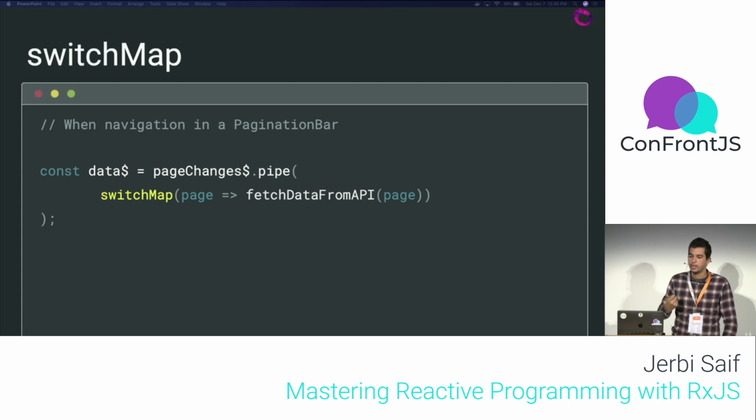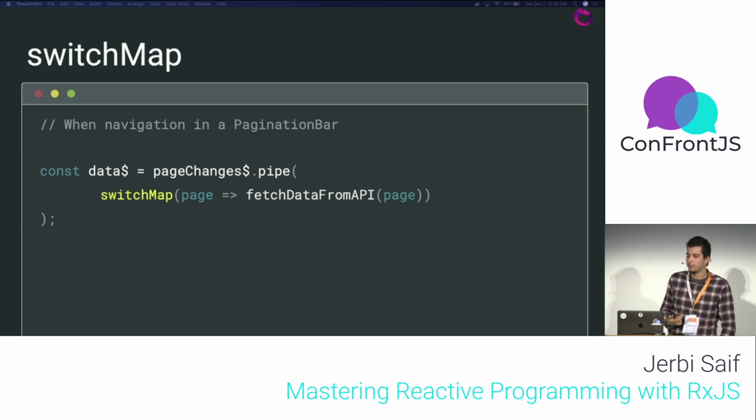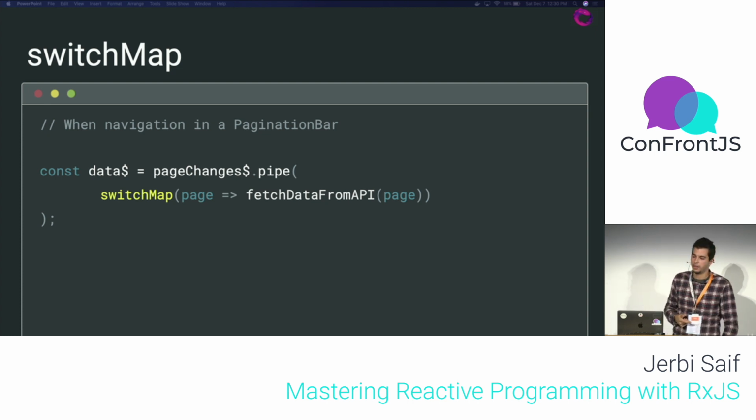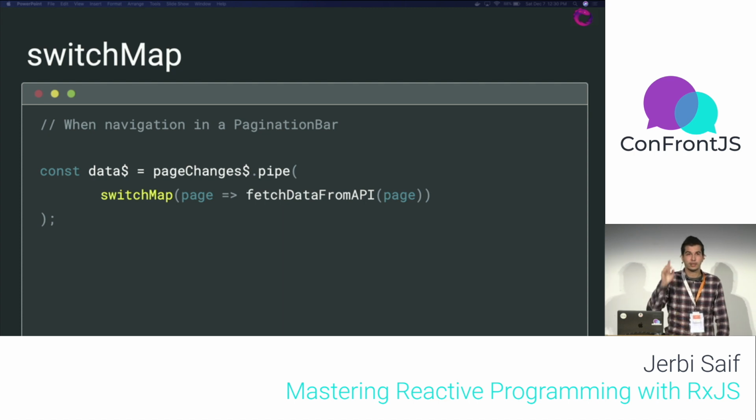After that, you have to use an operator called switchMap in order to make an asynchronous call to your backend API to fetch the data. And why use switchMap? Because switchMap will wait for your API call, but if the user has changed the page when the first call is not completed, switchMap will cancel the first call.